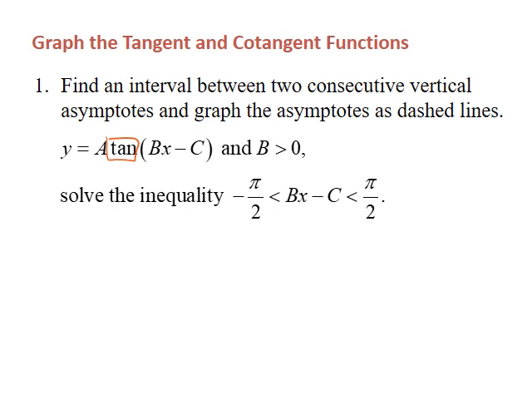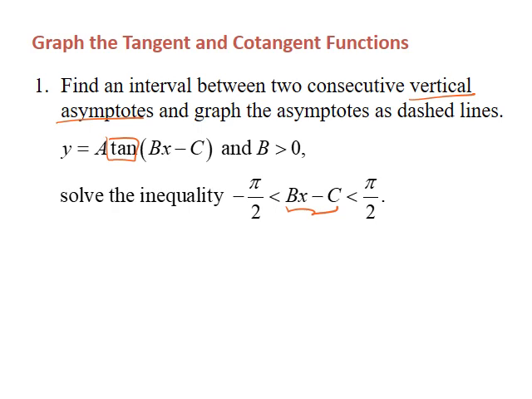So when we were graphing sine and cosine, we would sandwich the argument between 0 and 2 pi. But for tangent, we are going to sandwich the argument in between negative pi over 2 and pi over 2. These are just the smallest values in which the asymptotes occur. So they're just 2 consecutive asymptotes.